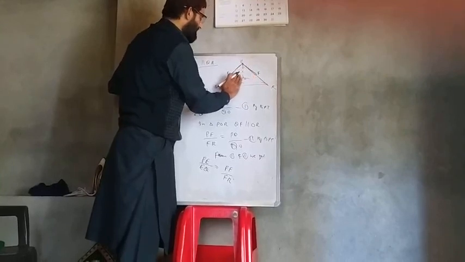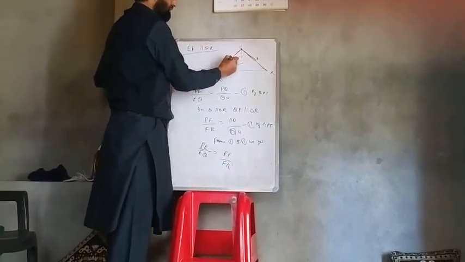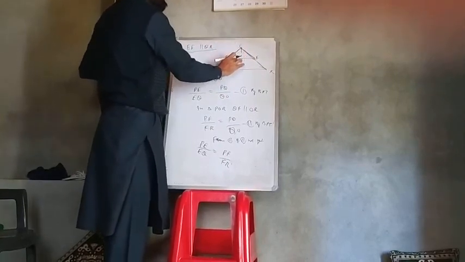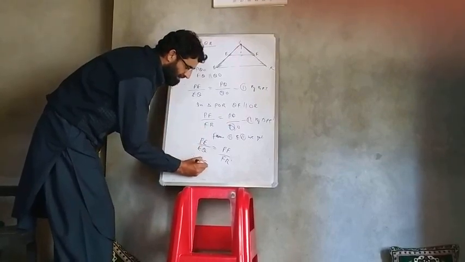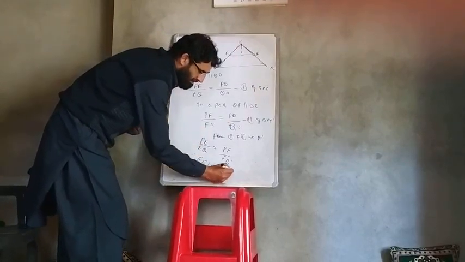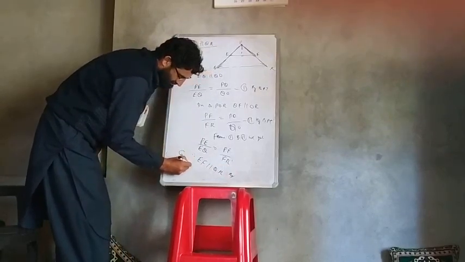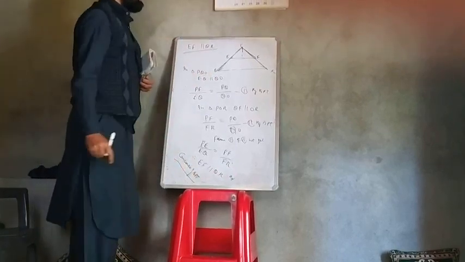So by the converse of BPT, when the other two sides are divided in the same ratio, the line is parallel to the third side. Therefore, EF is parallel to QR by converse of BPT. So that is it.